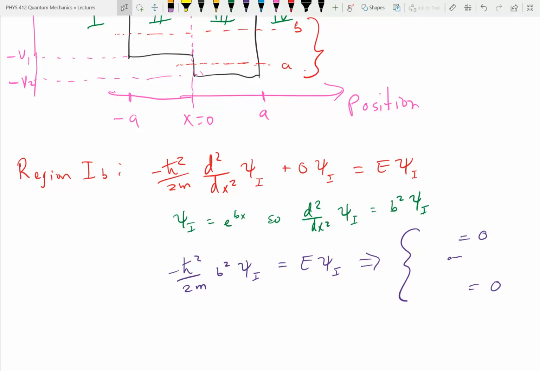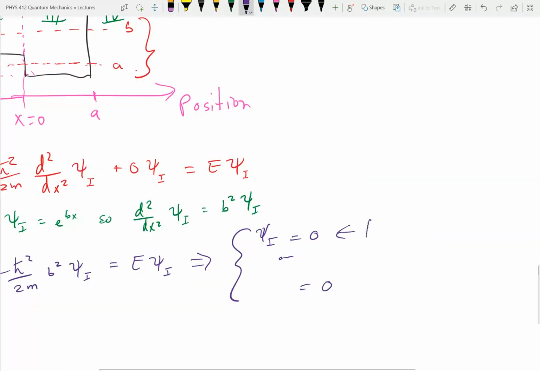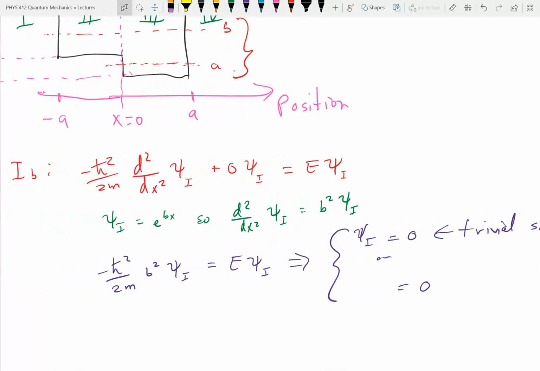Well, what did I leave off in my little brace there? Well, it would equal 0 if psi was equal to 0, but that doesn't make sense. Right, that's the trivial solution that we don't use. Now, we didn't actually rearrange this to equal 0. It's just a true statement.